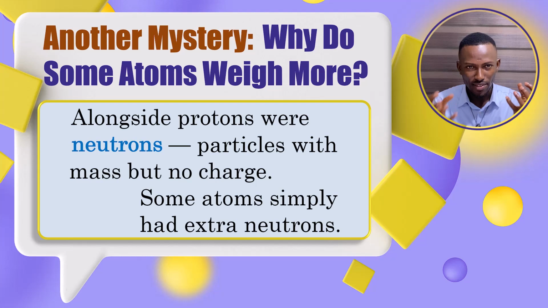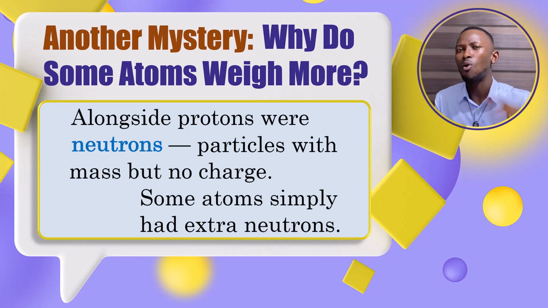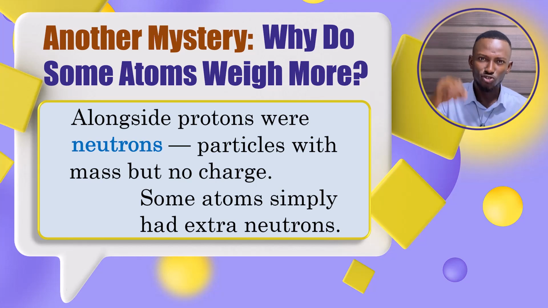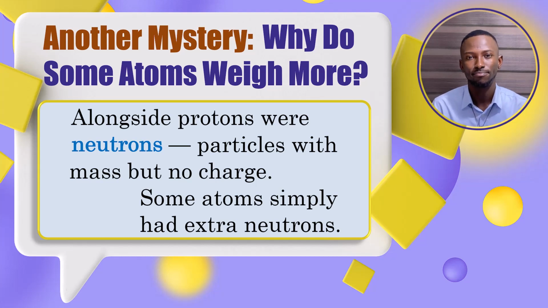They all have the same number of protons. But if you check the number of neutrons, some will end up having more neutrons than the others. But they have the same number of protons. So the number of neutrons ends up affecting the total mass, making one of the atoms heavier than the other.